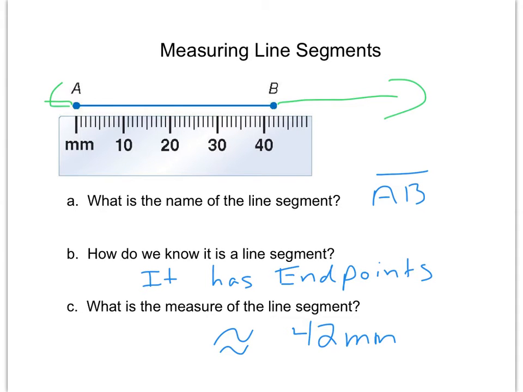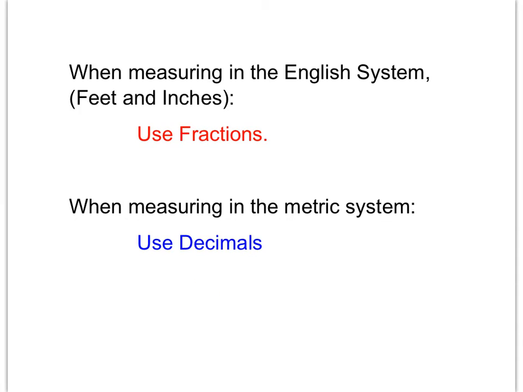But this has two endpoints, so therefore it is a segment, and it looks like it's approximately 42 millimeters long. Just a couple of quick points when we're measuring in the English system, feet, inches, miles: if we have a part of a foot or a part of an inch, we typically use fractions, so please use fractions if we're measuring in English.